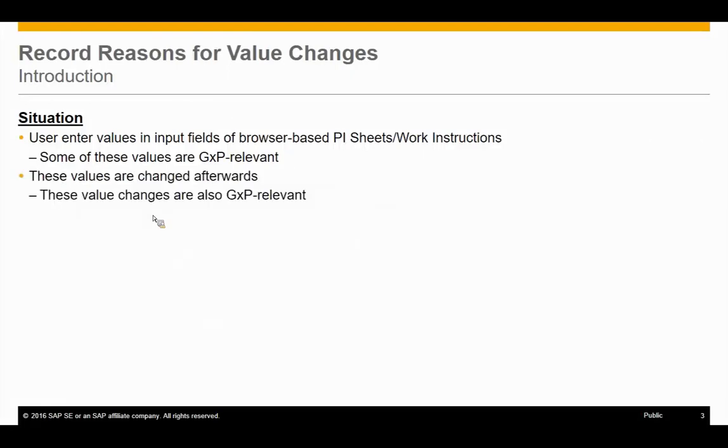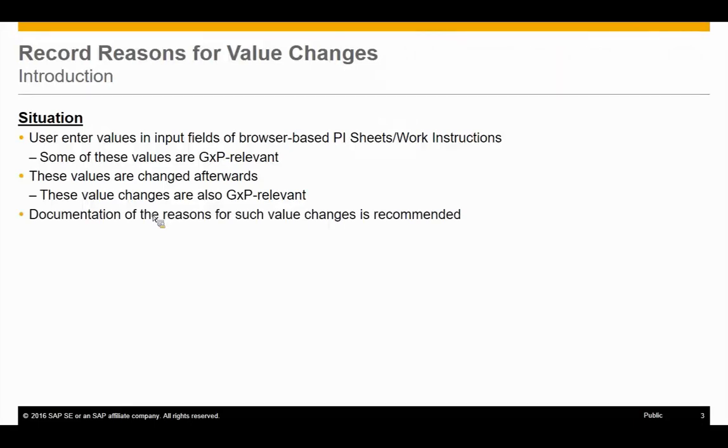And the situation might become a little bit more tricky if later during the business process and the processing of the PI sheet or work instruction, the user does change these values. So first he entered, let's say, a value in an input field of about 12, and then he changed it afterwards to 13. And also such value changes are or can be GXP or GMP relevant.